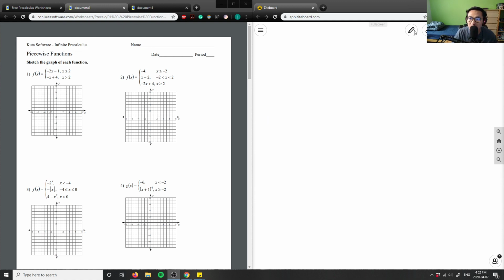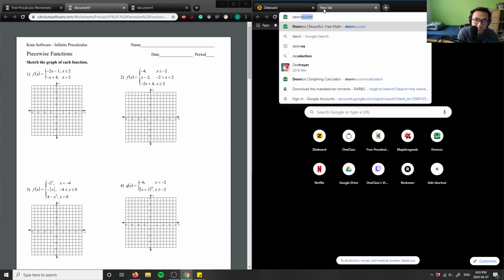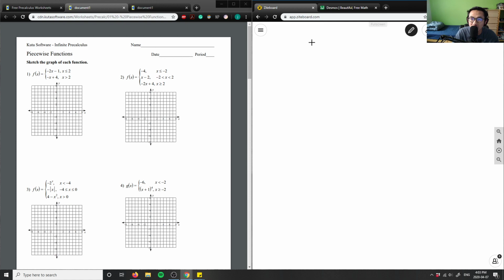Now I'm going to introduce the topic of piecewise functions. We're actually already familiar with this kind of topic, but we did it more algebraically, not graphically. So I'm going to try my best to graph this. I'm probably going to use Desmos to help me out, just because I'm not given graph paper on this program.